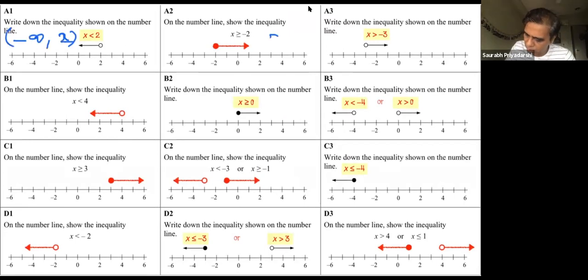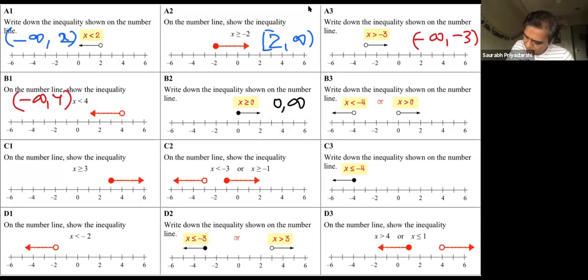Second is 2 to infinity. Third is minus infinity to minus 3. Fourth is minus infinity to 4. Fifth is 0 to infinity, minus infinity to minus 4, union 0 to infinity, right?